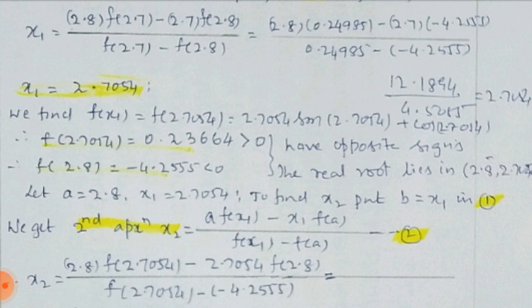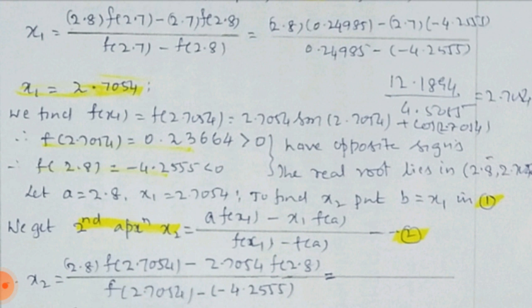Substitute in the second approximation. Second approximation is given by putting b is equal to x1 in equation 1, we get x2 is equal to a into f of x1 minus x1 into f of a divided by f of x1 minus f of a.